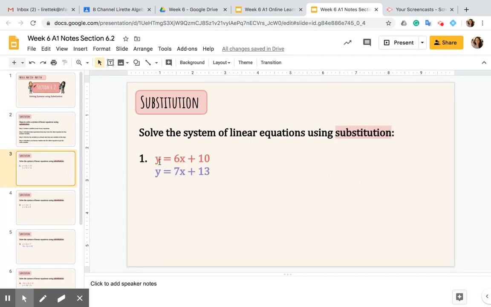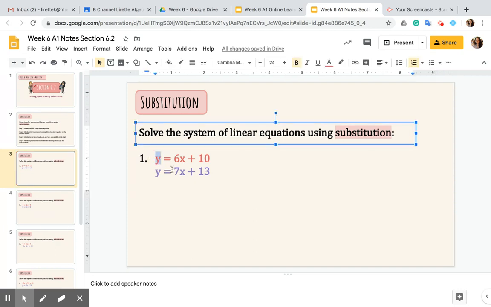Well, let's take a look at this. What variable is isolated? Well, it's the y. So what step two is actually telling me to do is to take this expression and substitute it for the y, but in the other equation. Let me rewrite that equation, y equals 7x plus 13.